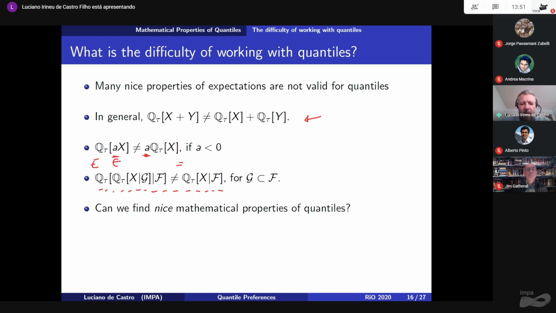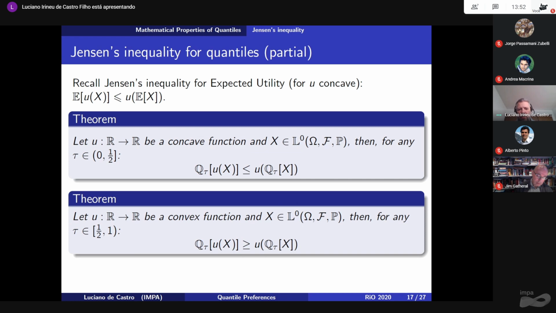And this simplifies a lot the analysis in dynamic problems. But we don't have this in quantiles, and this was a problem that we had to circumvent. So the idea is, what can we find in terms of mathematical properties that you can prove that are useful for quantiles and useful for applications? And so I'm going to present a couple of them.